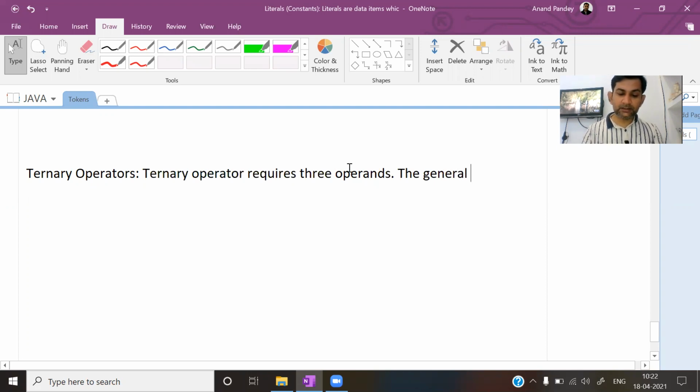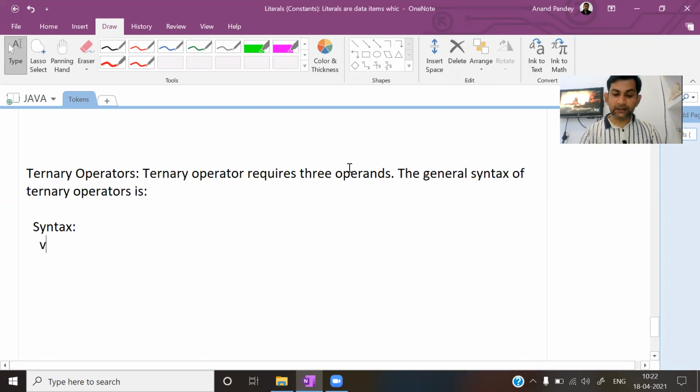The general syntax of ternary operator is, I'm going to write the syntax. Syntax का मतलब general format. Syntax means general format of anything. Okay, here it is.